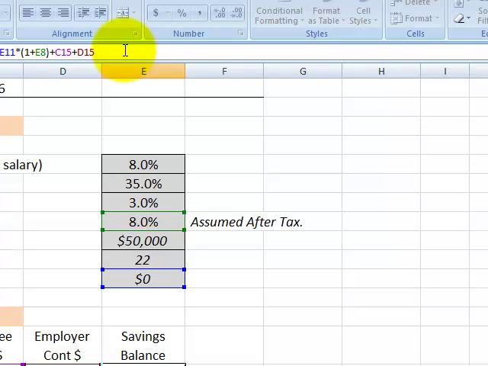That gives us what our starting balance grew to be, plus any contributions we made, C15 plus D15, our employee contributions and our employer contributions. So the first half of this equation is saying, if you started with some savings, you earned some interest on that, so that grew, plus anything you saved in those periods.